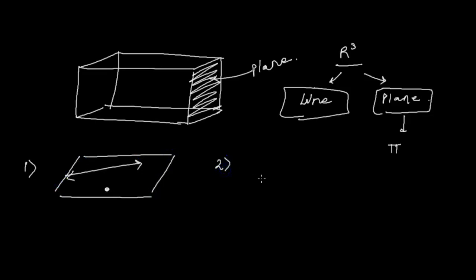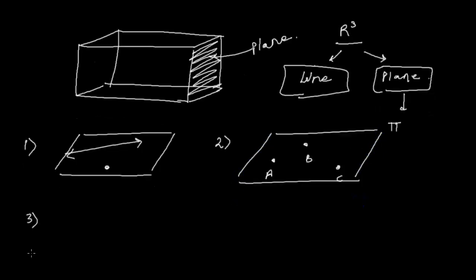Second way is if we are given 3 non-collinear points. Collinear points means the points that lie in one line. These points A, B, C are called non-collinear points because they do not lie in the same line. So these points would also form a plane. Third is any 2 intersecting lines.